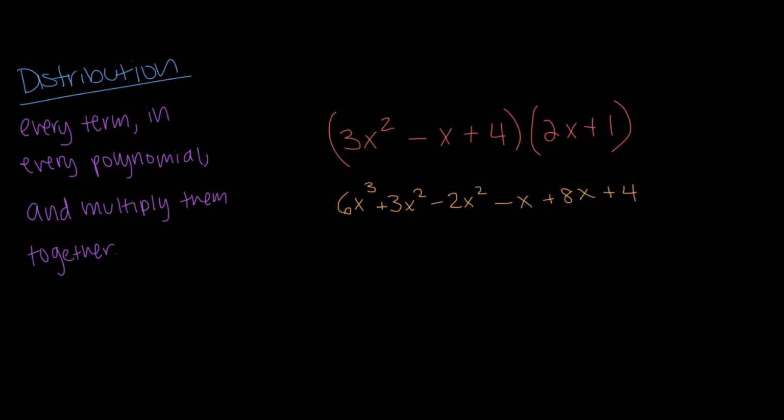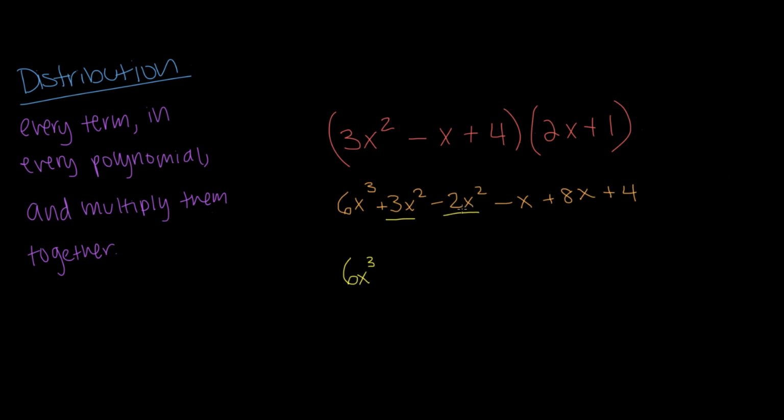And all that's left to do now is simplifying our answer. So remember, you always start off with the highest term, which in our case is 6x to the third. There are no more x to the third terms, so we can just write that as is. Our next one is our x squared terms, for which we have 3x squared and negative 2x squared.